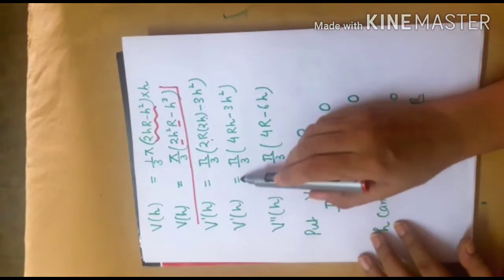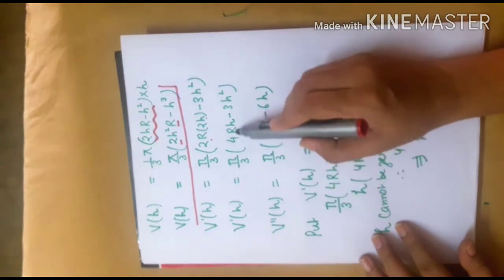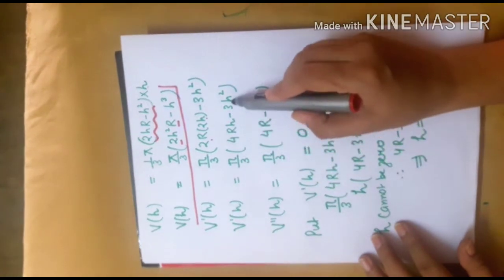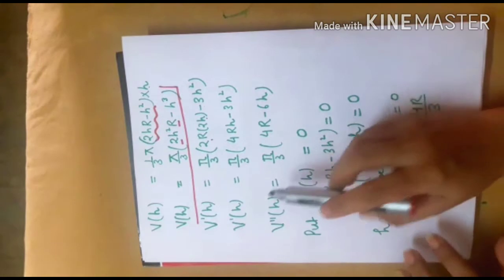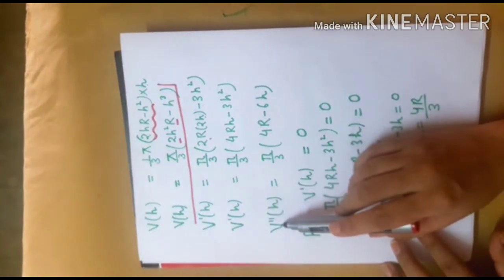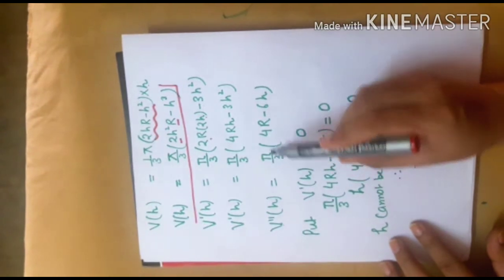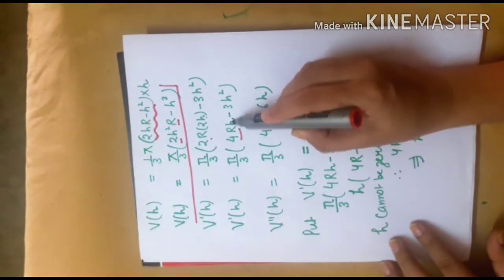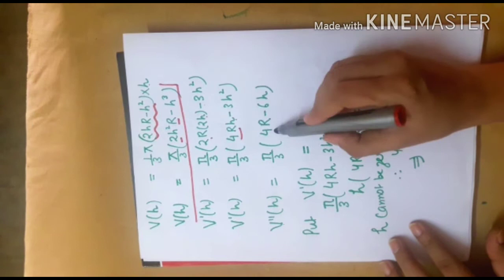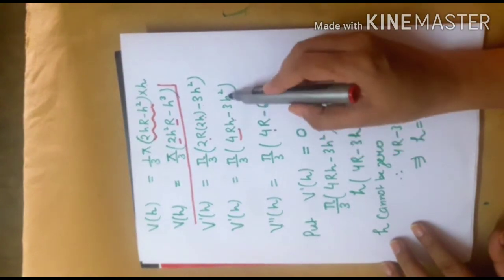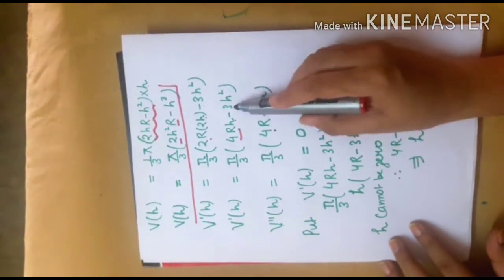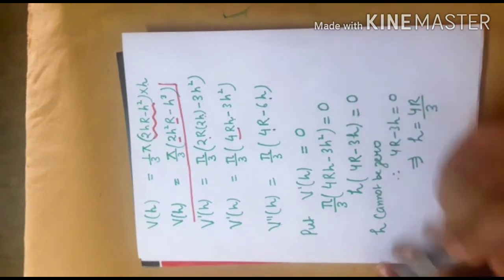So V dash h will be pi by 3 into 4Rh minus 3h square. I also find the double derivative, that is V double dash h. It will be pi by 3, 4R is constant, and the derivative of h is 1. So I'll get here 4R, and the derivative of h square will be 2h, so here I'll get 6h.